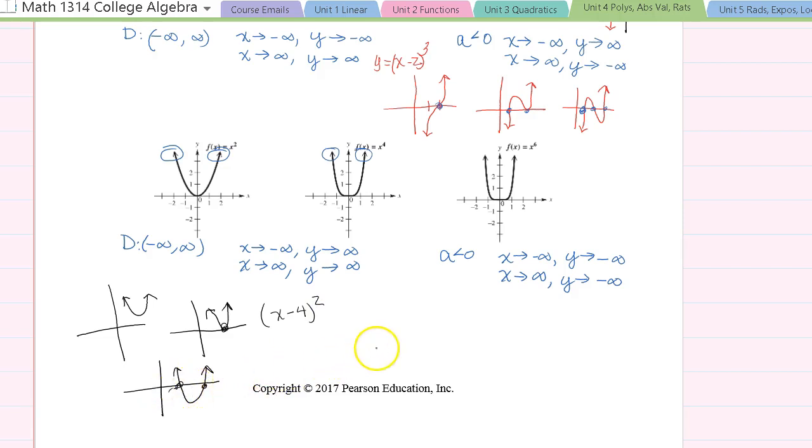We can do the same for the x to the fourth function and find 0, 1, 2, 3, or 4 zeros. Our conclusion is that even-powered polynomials with the power of n can have 0, 1, 2, 3, all the way up to n number of zeros. And this again is backed by the fundamental theorem of algebra.